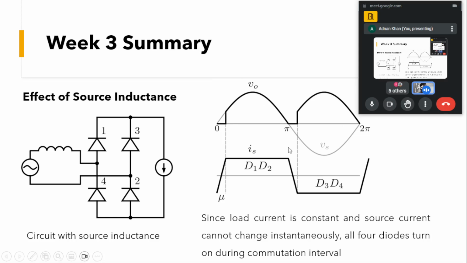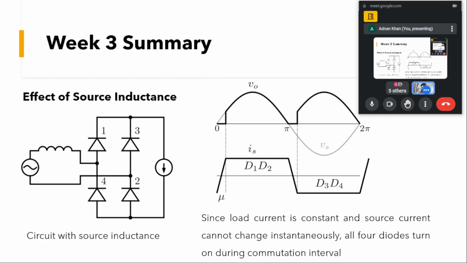At this pi moment the current starts to decrease, and after the current is transferred from one side of devices to the other, there will be voltage at the output.